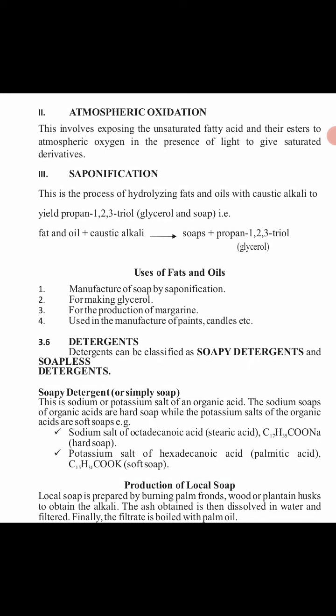And I think that is the chemical reaction downstairs. That's just the formula, the reaction formula. As the class goes on, I'll give the reaction pathway, the compounds involved: fat and oil, caustic alkali, then you have soap and propane-1,2,3-triol, also known as glycerol.